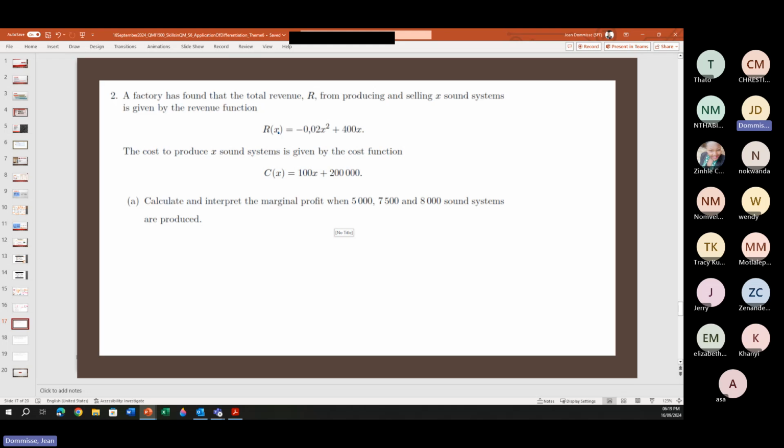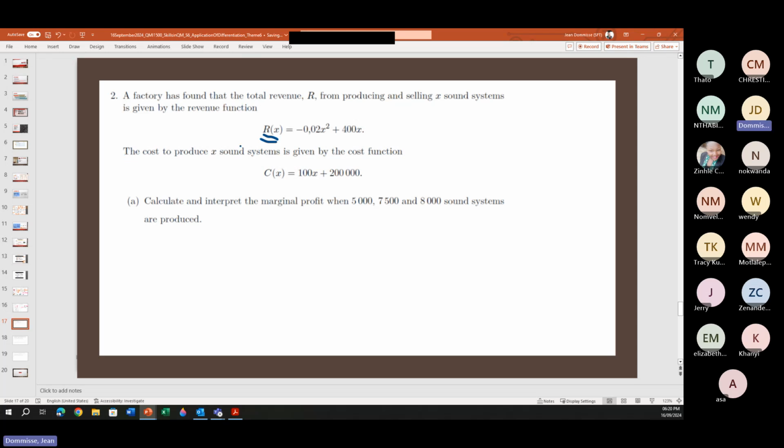So let's look at this. They say a factory has found that the total revenue from producing and selling X sound systems is given by the total revenue function.